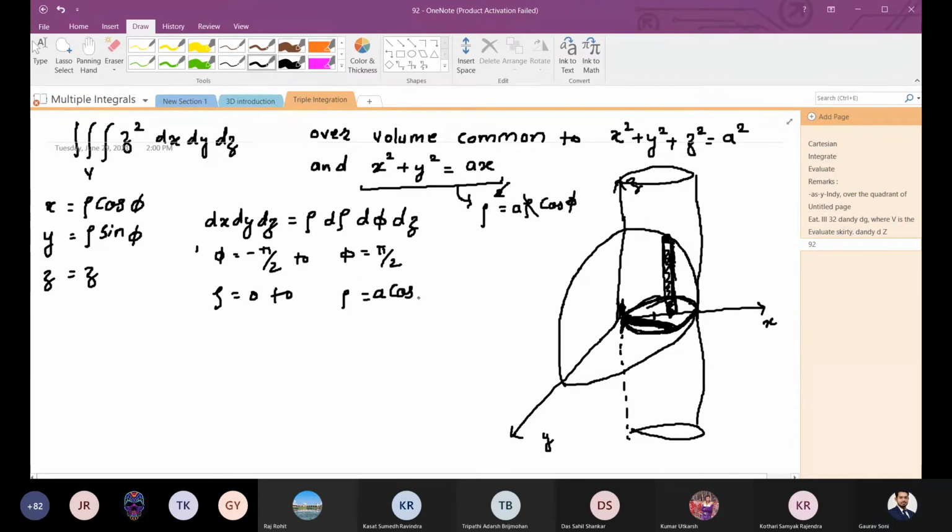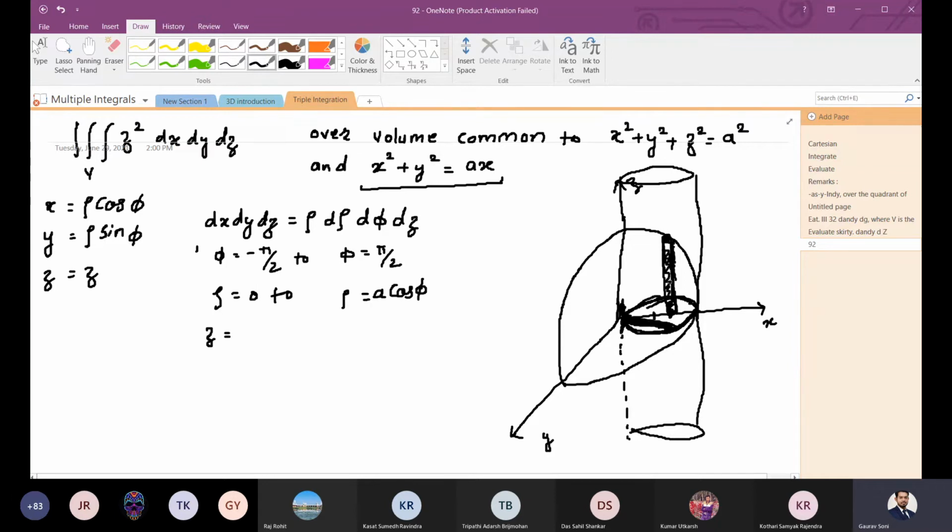And the last and not the least is the value of z. What is the height of your pillar in this case? So z is going from the lower end of your sphere to the upper end of your sphere.